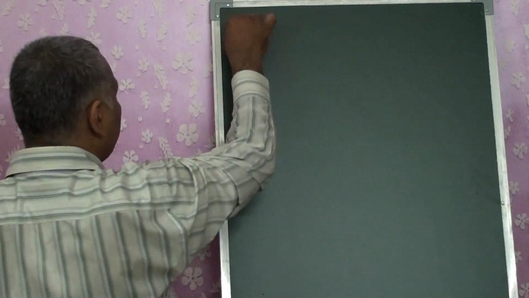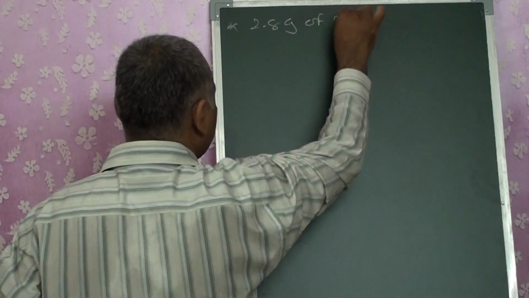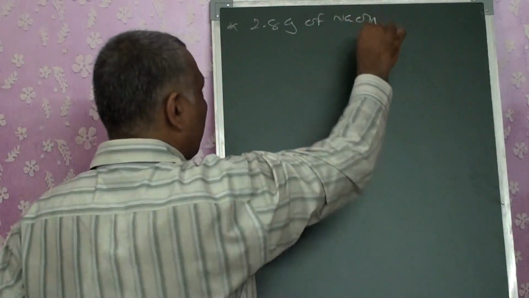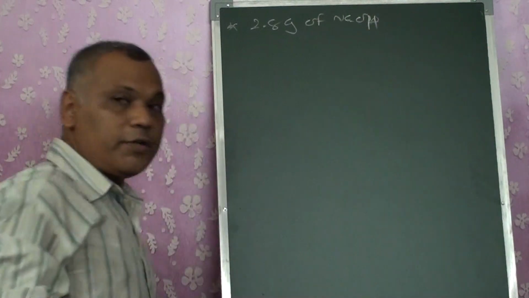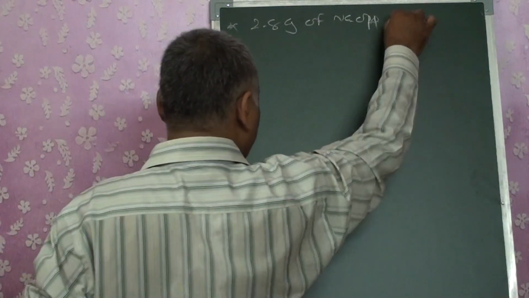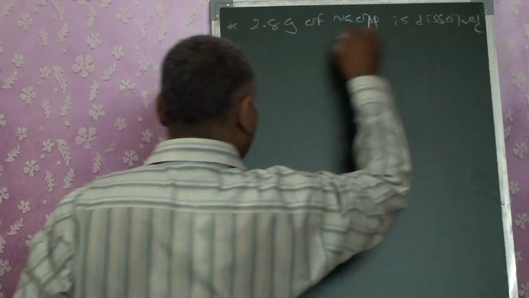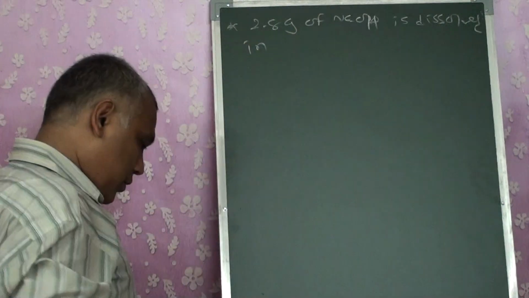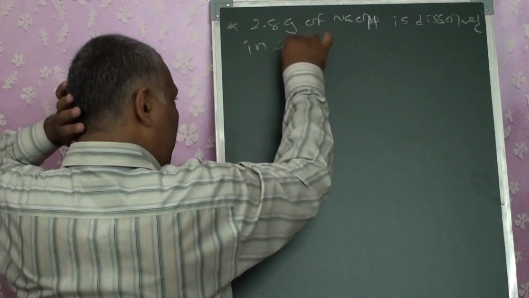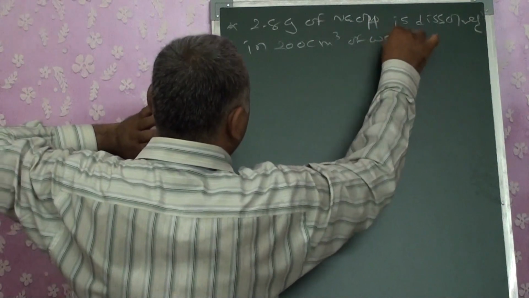Like the first numerical that is given to us: 2.8 gram of NaOH is dissolved in 200 centimeter cube of water.